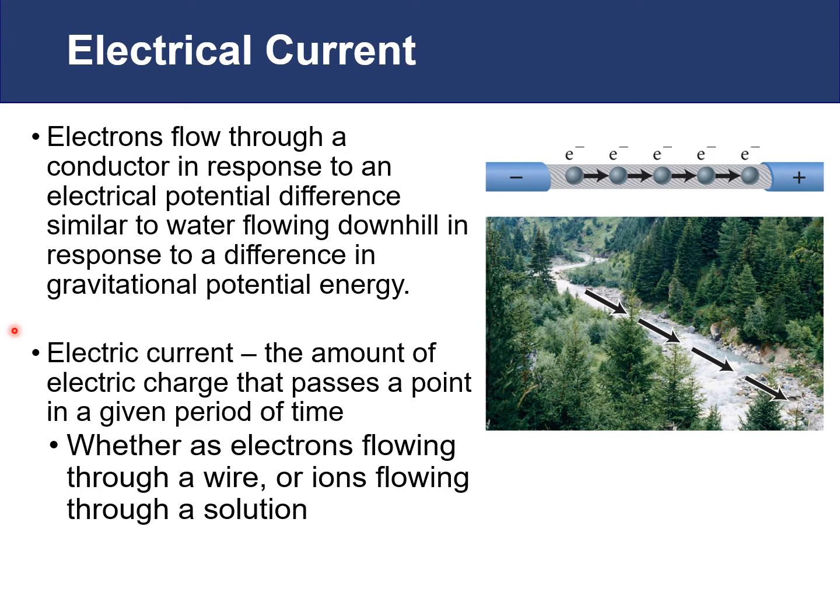Electric current is the amount of electric charge that passes a point in a given period of time, whether as electrons flowing through a wire or ions flowing through solution. We can think of electrical current as akin to the volume of a liquid that passes through a hose.